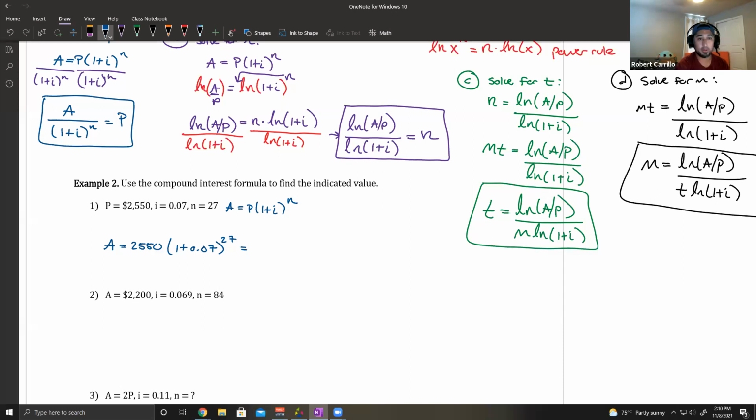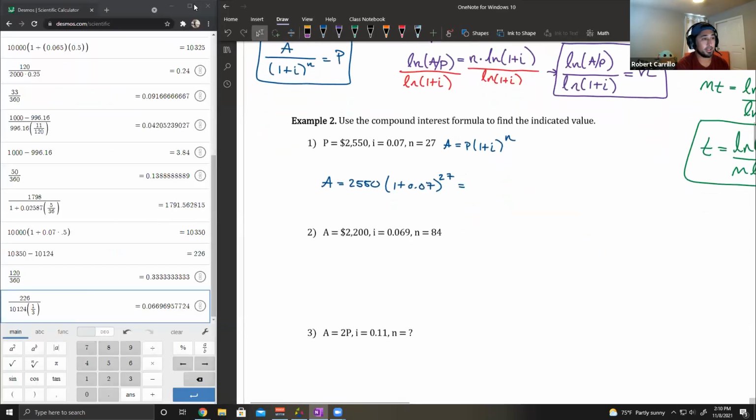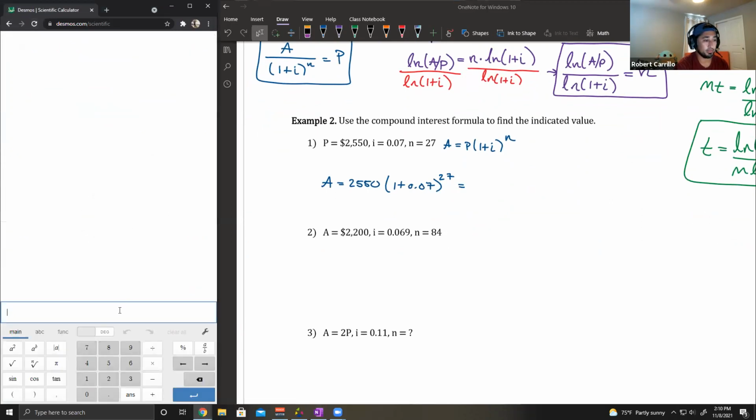Okay. So now, plugging this into Desmos, I'll clear the calculator. Let's see. There we go. I'll type it like I wrote it: 2550 times 1 plus 0.07, all raised to the 27th.